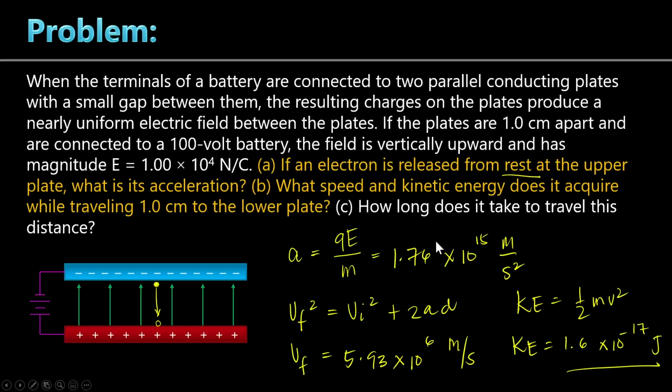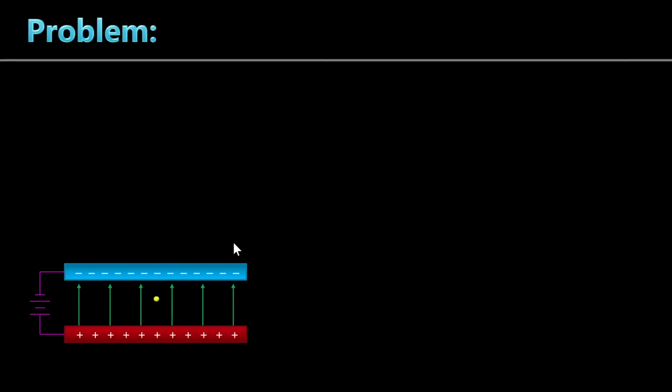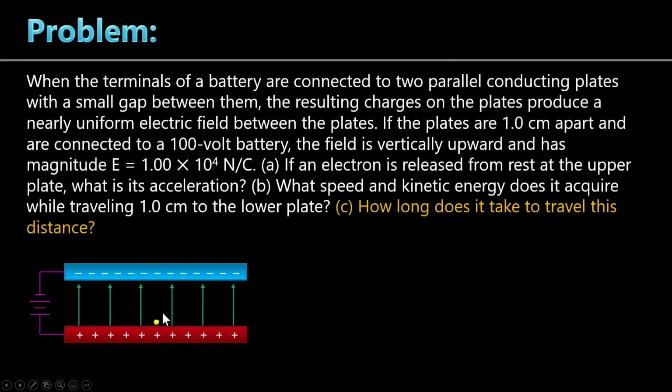For letter C, how long does it take to travel this distance? Ayan. Gaano daw katagal bago narating ng electron yung distance na ito? Kanina sinabi natin na since napakabilis sa kanyang velocity, dapat marating niya yan in a very, very short amount of time. Gamit ka lang ulit ng equations na meron tayo sa kinematics. Ano yon?